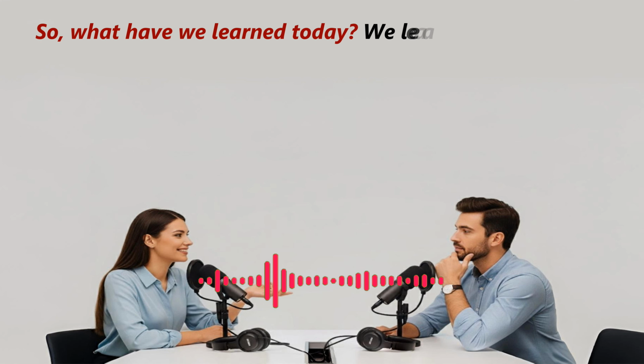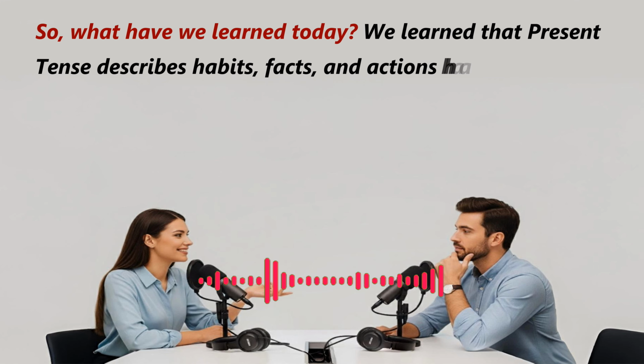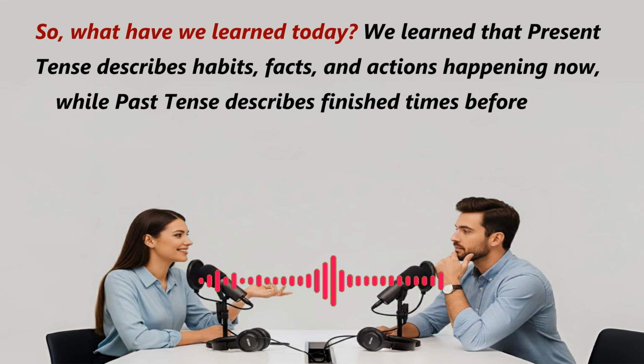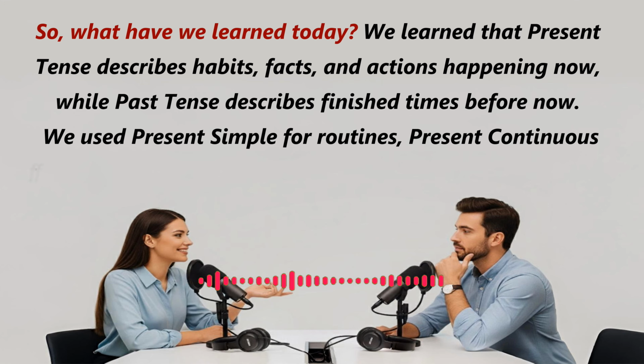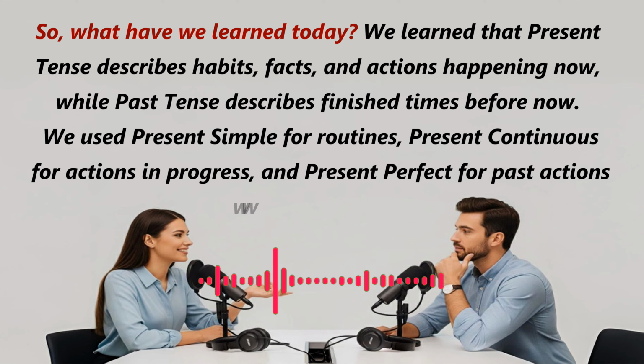So, what have we learned today? We learned that present tense describes habits, facts, and actions happening now, while past tense describes finished times before now. We used present simple for routines, present continuous for actions in progress, and present perfect for past actions with results now.